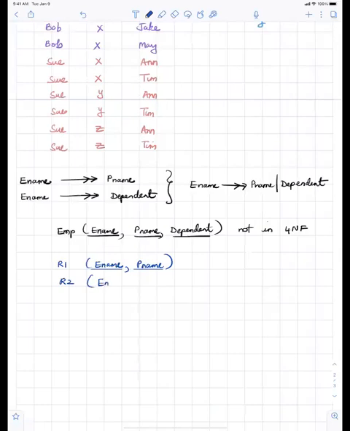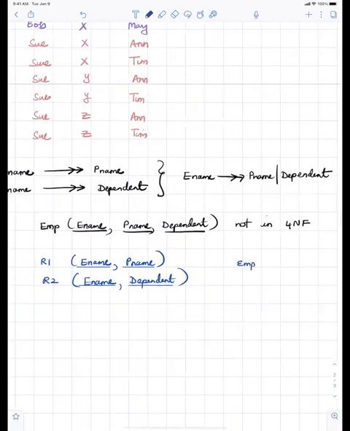You would do has ename, dependent. And the original table R, which is emp, we can get it back from the join of R1 and R2. And R1 and R2 are in fourth normal form.